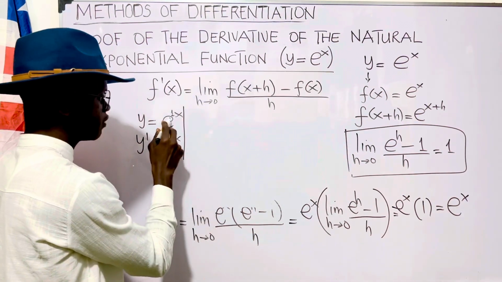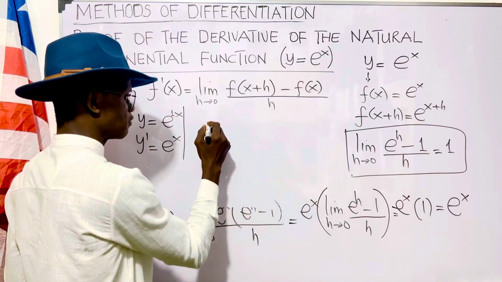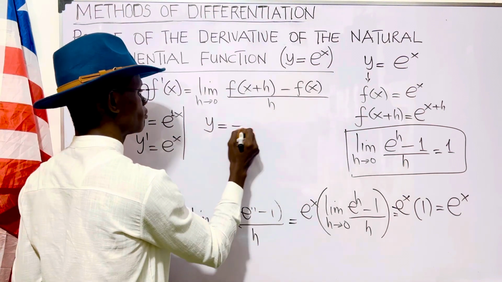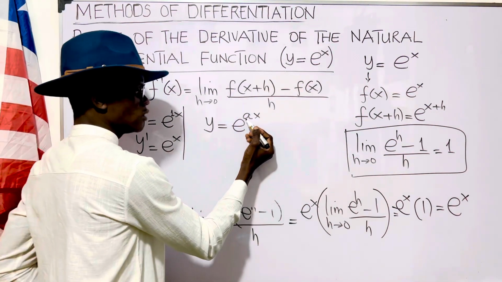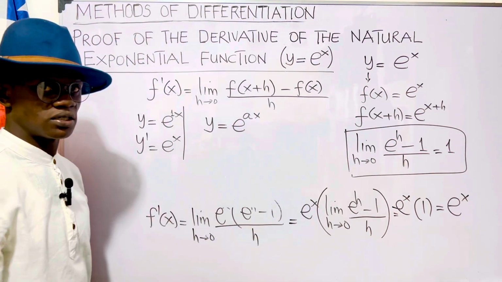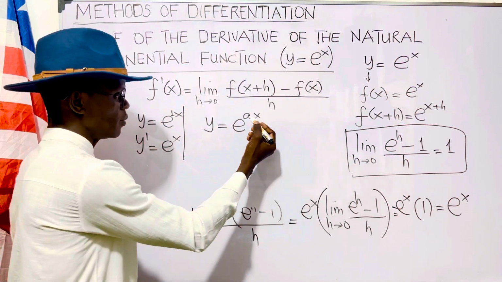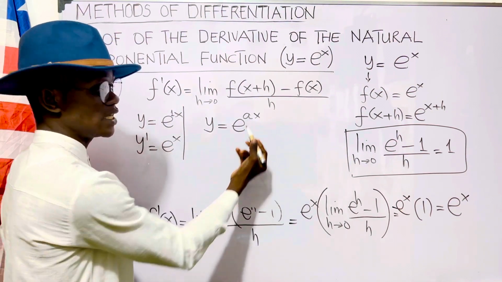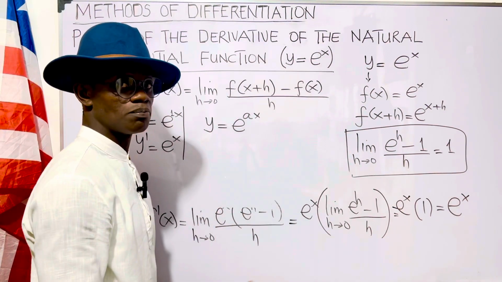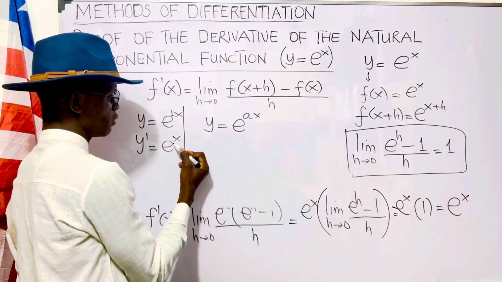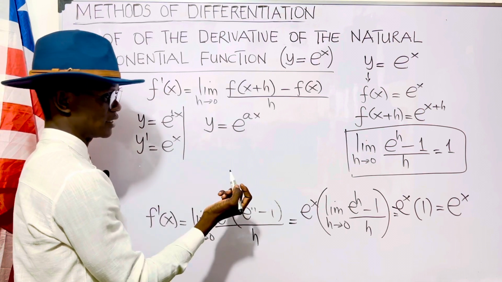What if the coefficient of this x is not 1? For instance, you have e raised to the power ax, where a represents a real number, wherein a is not equal to 0, and a is also not positive 1, because when a is positive 1, it is just equal to e raised to the power x.